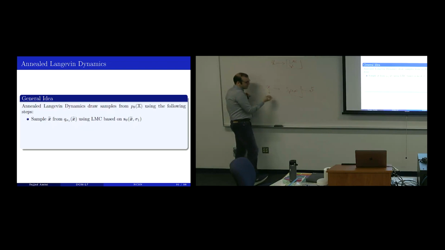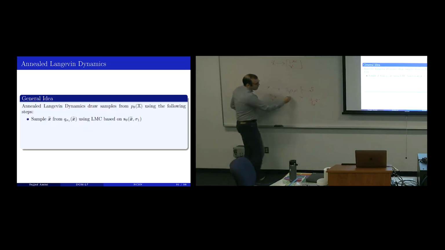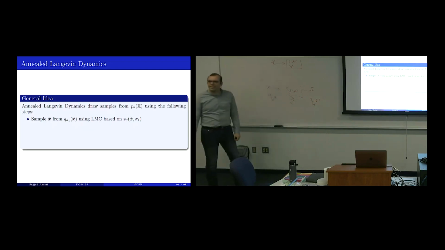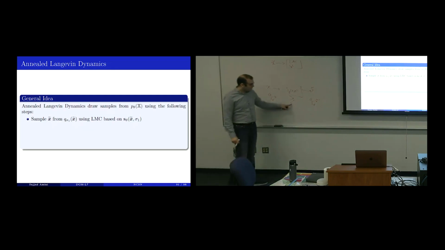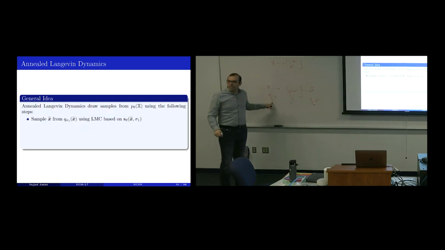If this X is coming from Q sigma of X, and we have Q sigma of X tilde here, which of these is the most probable? The non-noisy one. This one or this one? You use the score function of this distribution.